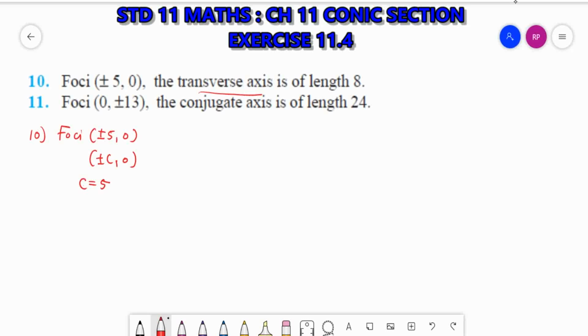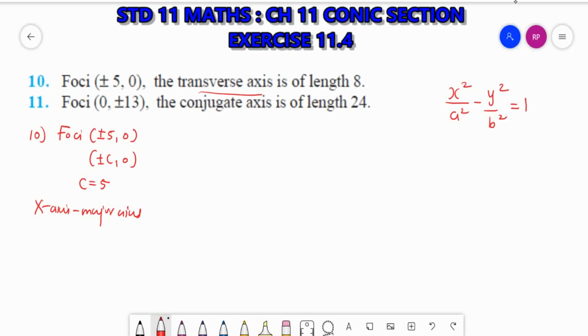Now as it is plus minus c, 0, so x axis is the major axis. So the equation of hyperbola will be x square by a square minus y square by b square equal to 1.